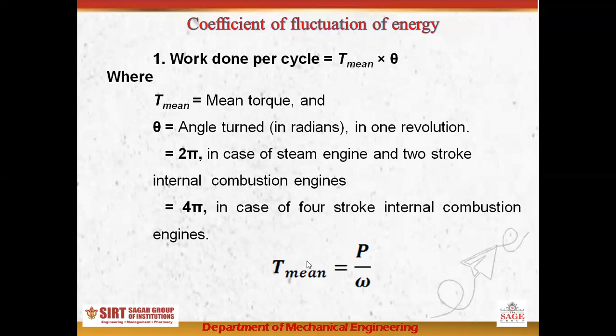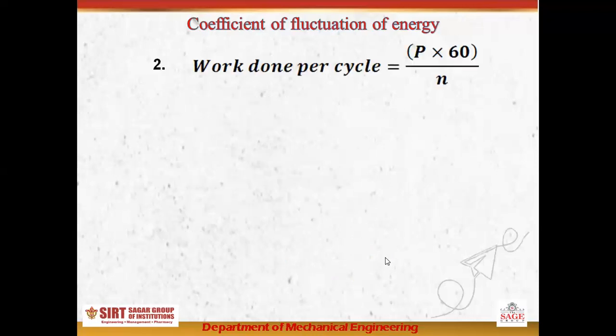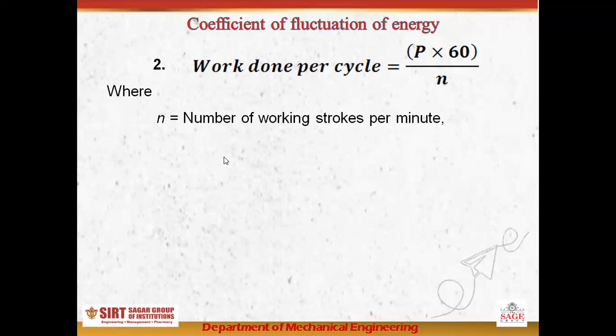We know that T mean is equal to P upon omega, or we can say that P is equal to T mean into omega, or 2 pi N T mean upon 60. We can also determine the work done per cycle by this formula, P into 60 upon small n, and small n is the number of working strokes per minute.